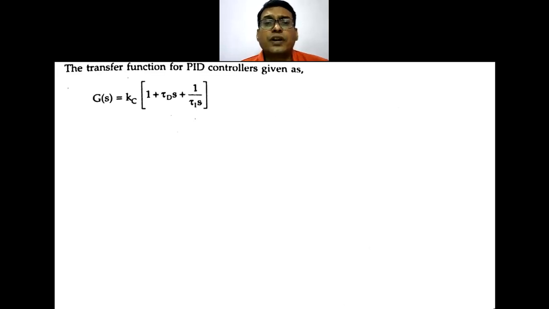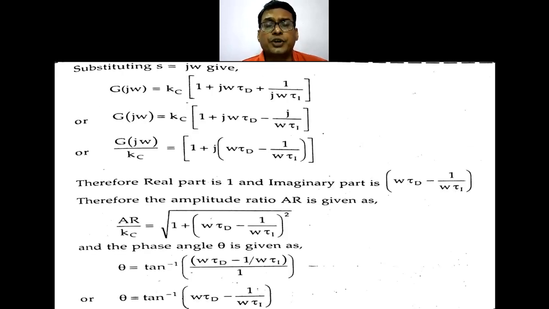The next is your PID controller. The transfer function of a PID controller is nothing but Kc into bracket 1 plus tau d s plus 1 upon tau I s. Converting it into the complex number by substituting s equal to j omega, separating the real part and the imaginary part, that is 1 plus j into bracket W tau d minus 1 upon W tau I. So the amplitude ratio upon Kc is the square root of real part square plus imaginary part square, and theta is equal to the imaginary part upon the real part.